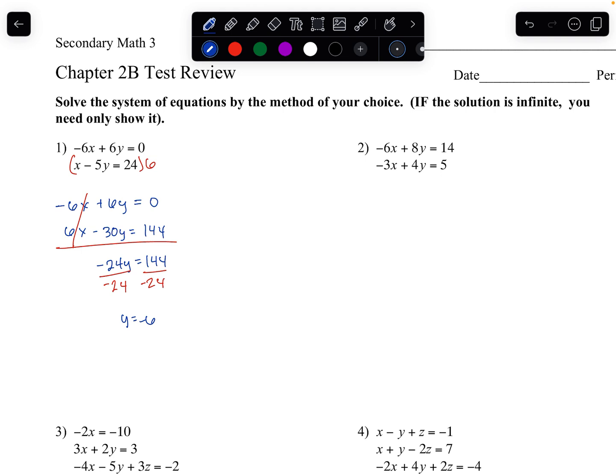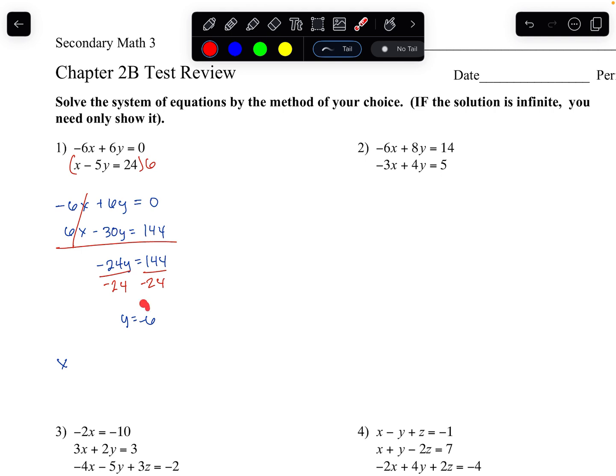So, okay. Now that I have y, I want to find the value of x, and so I'm going to do that by plugging in. I'm going to plug negative 6 into this equation right here. So when I do that, I get x.